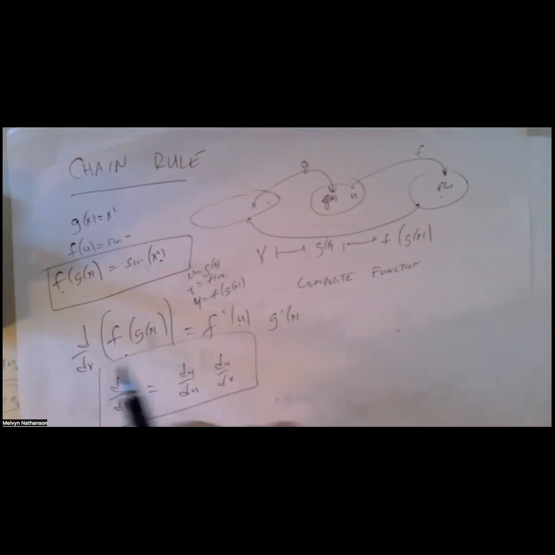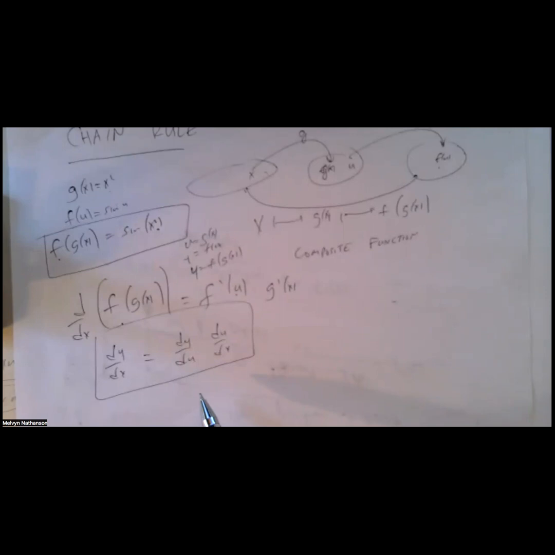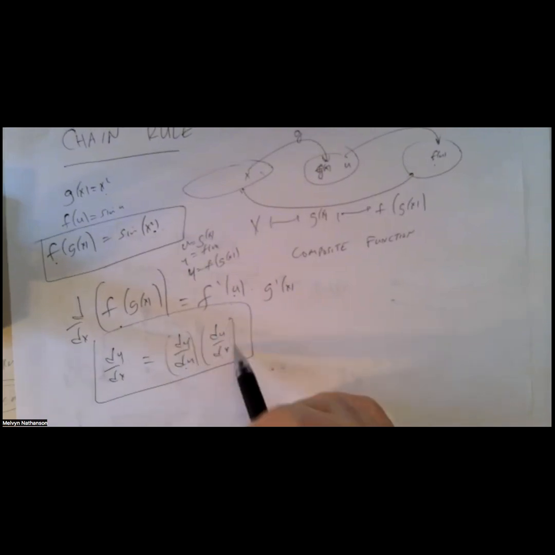Now, this almost looks correct if these were fractions. If these were fractions, dy, du, dx, you would cancel the du's and get dy dx. But of course, that's nonsense. These aren't fractions, these are derivatives. But the notation is beautifully suggestive of what the chain rule really is.